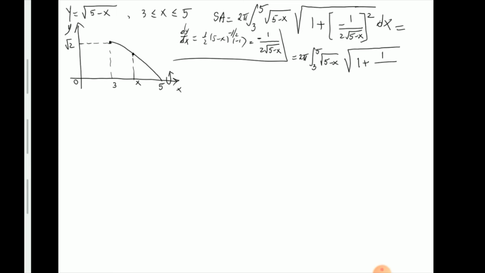So it's going to be 1 over 4 times the quantity 5 minus x. We're going to have the common denominator, 4 times 5 minus x, and on the top is going to be 4 times 5 minus x plus 1.